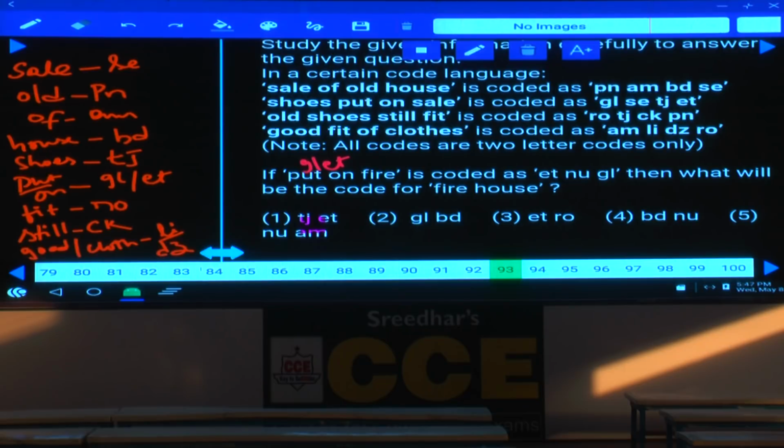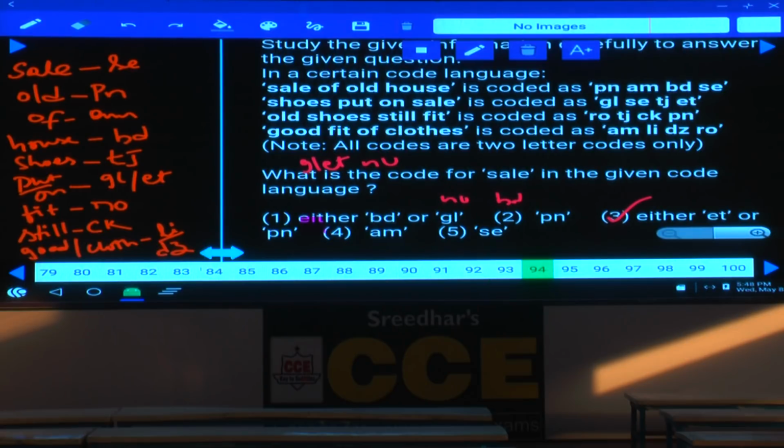The word fire is not present here, so the code could be NU. NU is the code to the word fire. Then what will be the code for firehouse? Fire is NU and house is BD, NU, BD. BD, NU, choice 4. 93.